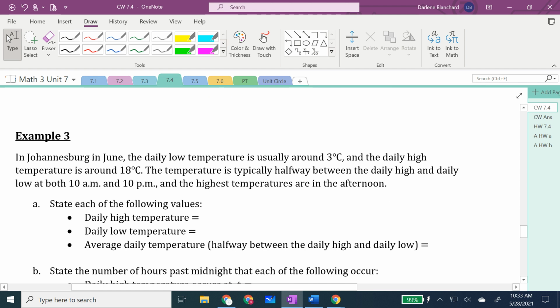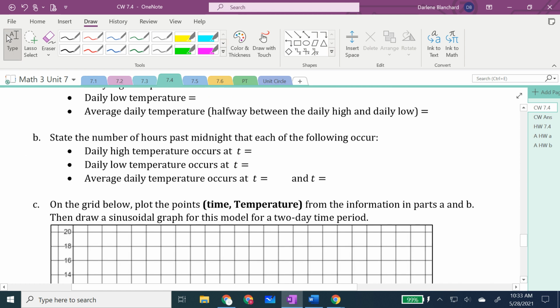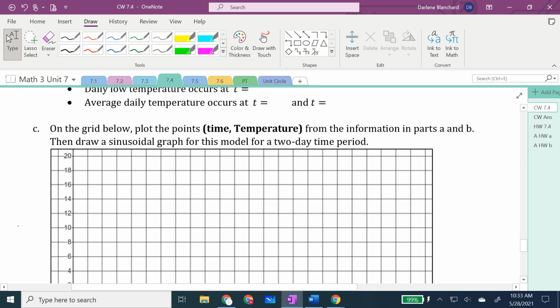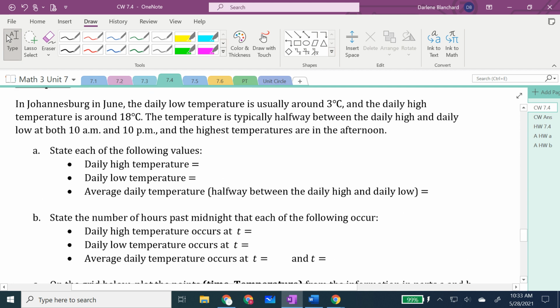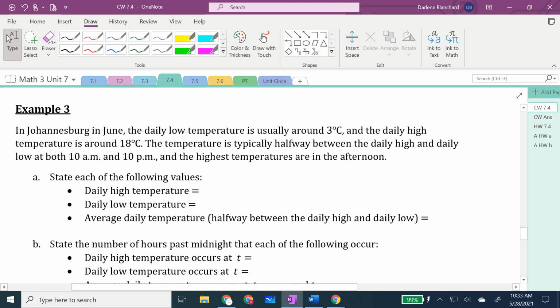And I've got some prompts to help you get to the point where you can graph the sinusoidal graph. Here we go. So we are told in Johannesburg in June, the daily low temperature is usually around 3 degrees Celsius.